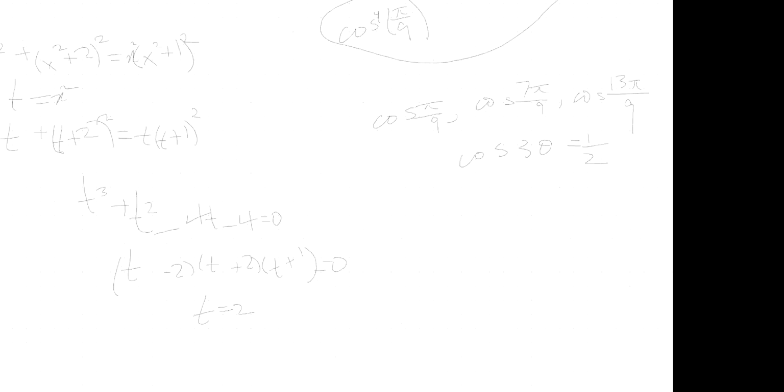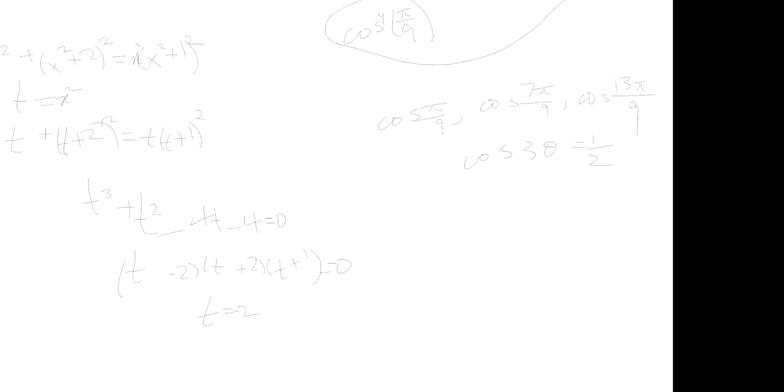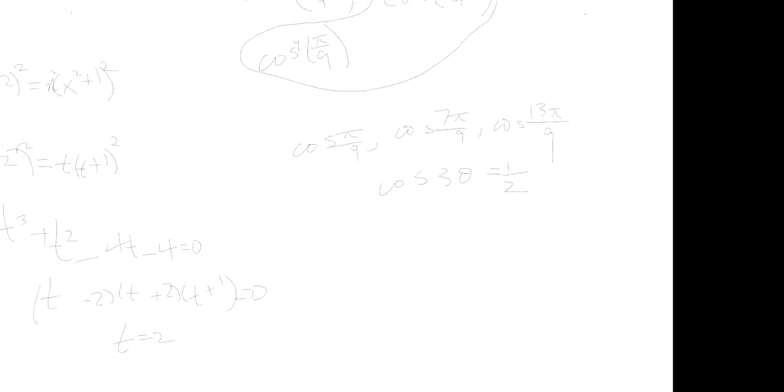They satisfy that cosine 3 theta is equal to 1/2. So these are the roots of this equation. Okay, so now we can expand this and write it as a polynomial. So we have 4 cosine to the 3rd theta minus 3 cosine theta is 1/2.